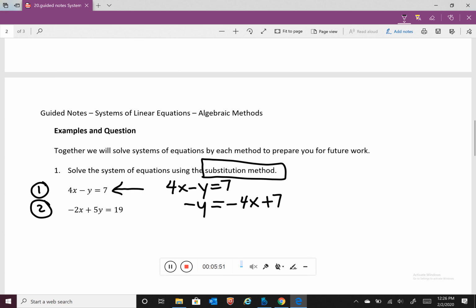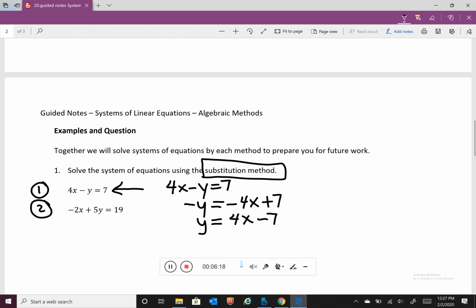But I don't want to solve for negative y, I want to solve for positive y. So that means we need to either divide through by a negative or multiply by a negative, or another way to say that is just to negate everything. So negative y becomes positive y. Negative 4x becomes positive 4x, and plus 7 becomes negative 7.